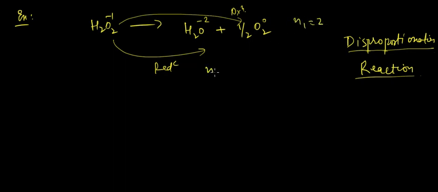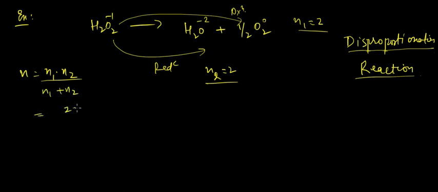Similarly for reduction it would also be 2, because one oxygen atom is going from -1 to -2 state, so two oxygen atoms would require 2 electrons. Hence for calculation of n factor we would use n1 times n2 divided by n1 plus n2. So this is 2 into 2 upon 2 plus 2, which is nothing but 1.